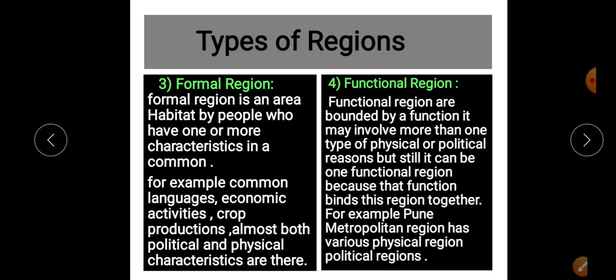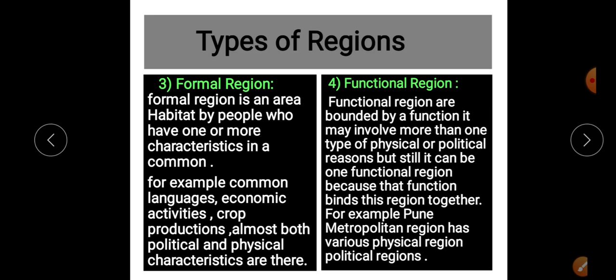Now, the economic activity of Maharashtra state. The basic activity is agriculture and second is the industries. So these characteristics are the same. The language of Maharashtrian people is Marathi.